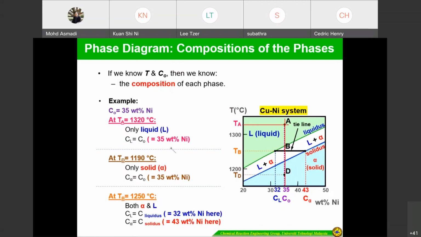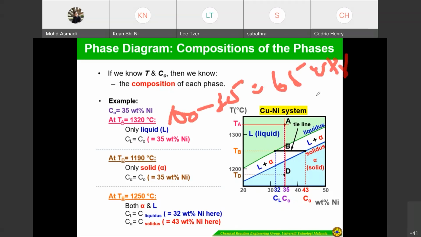So the composition of the liquid, nickel, equals the initial composition of around 35%, and the rest, 65%, is copper: 100% minus 35 gives about 65% copper.